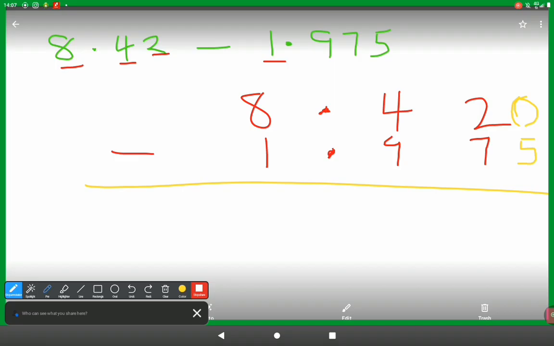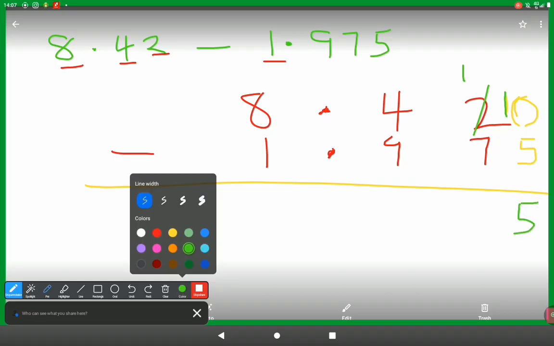Then the 2 turns to 1, and the 1 you borrow from the 2 goes to the 0, becomes 10. So this now turns to 10, and this one turns to 1. So 10 take away 5 is 5.